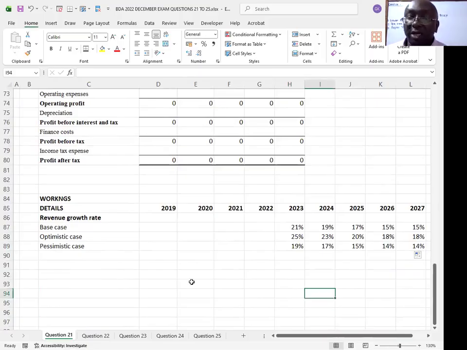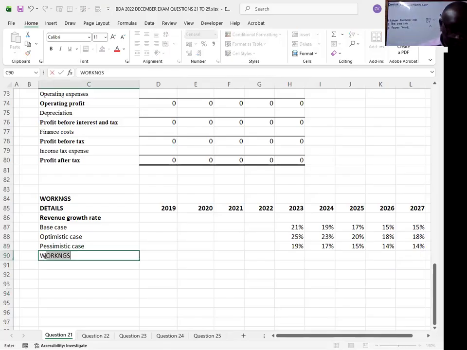Which one do you think we should use? Why should we use the optimistic?